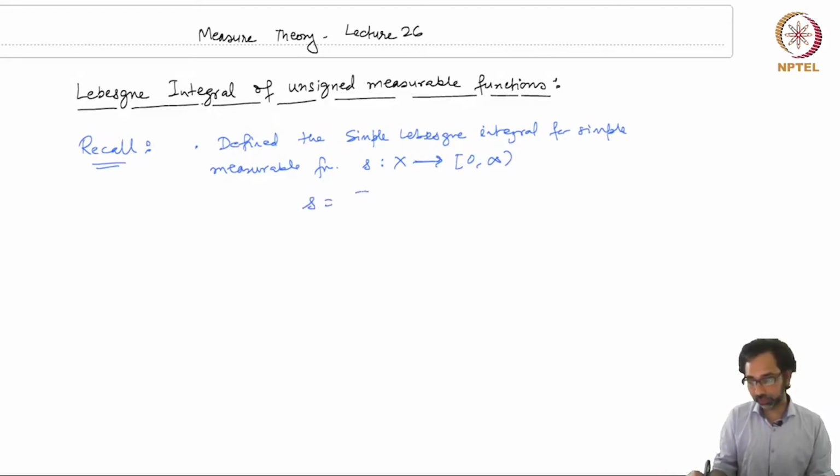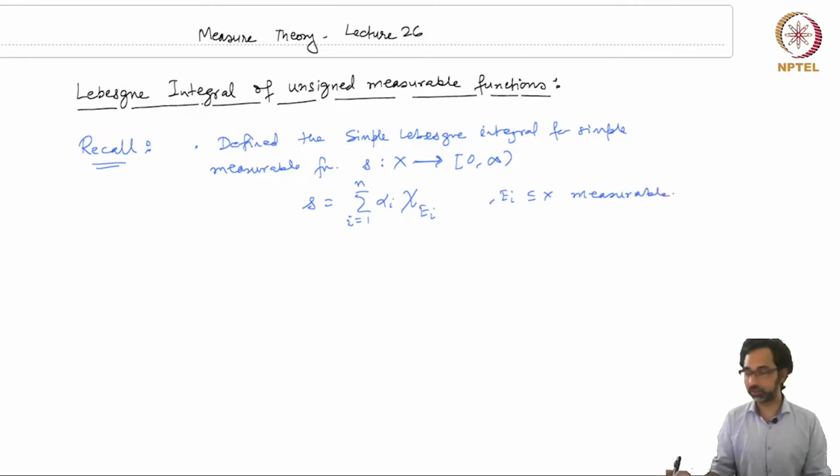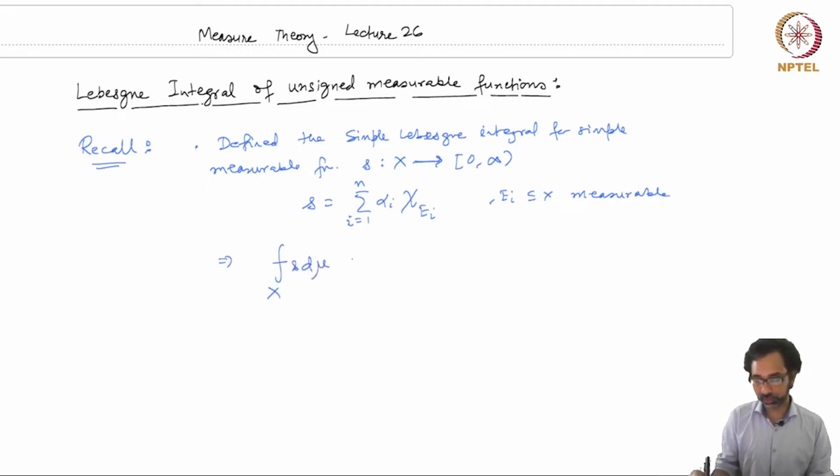Then it is of the form of a finite sum of scalar values alpha_i multiplied by the indicator functions of E_i, which are measurable subsets of this measurable space X. Then the simple Lebesgue integral of s d mu is nothing but the sum i equal to 1 to n of alpha_i mu(E_i).